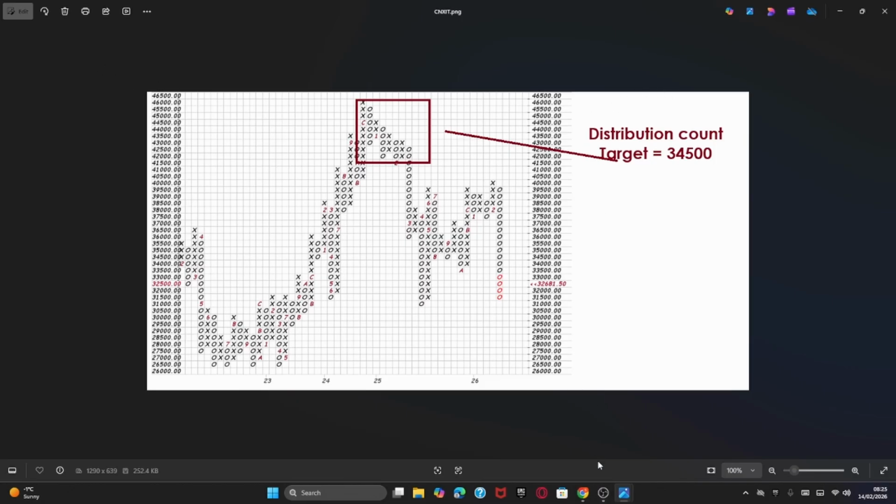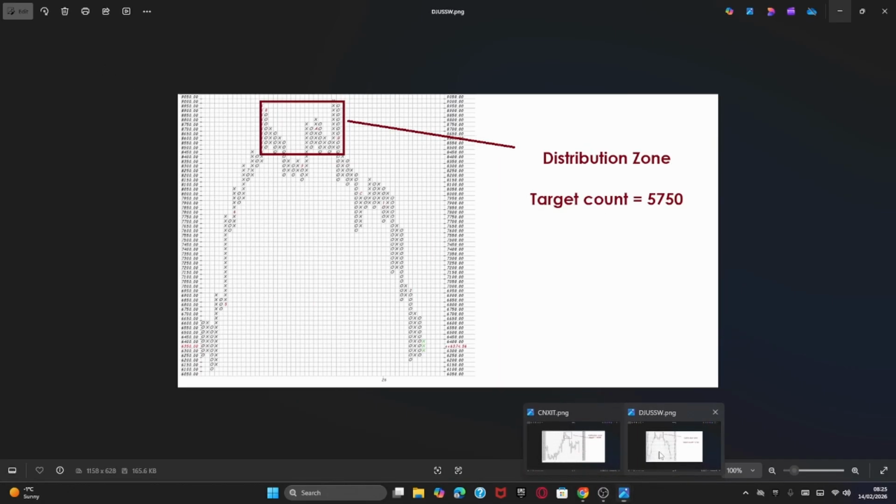Similar to that, if you look at the US software sector, there is a count somewhere around 5750. But for the US sector, the sideways action is just getting started.